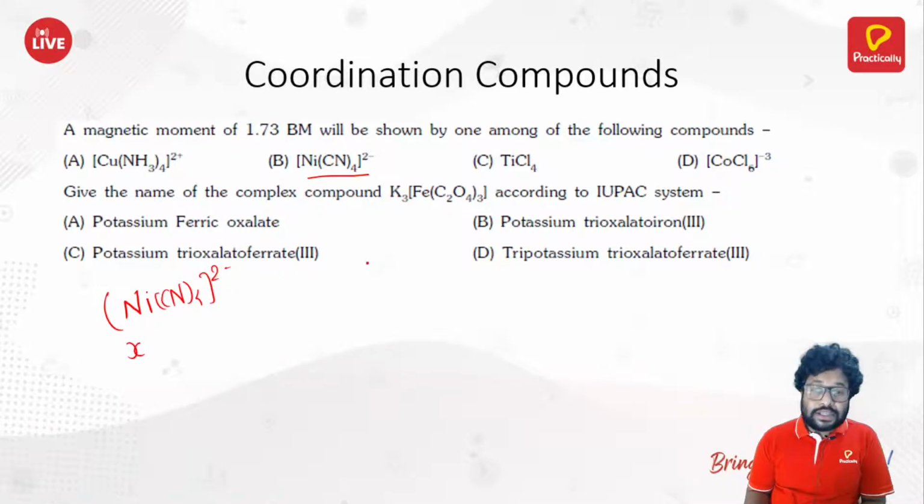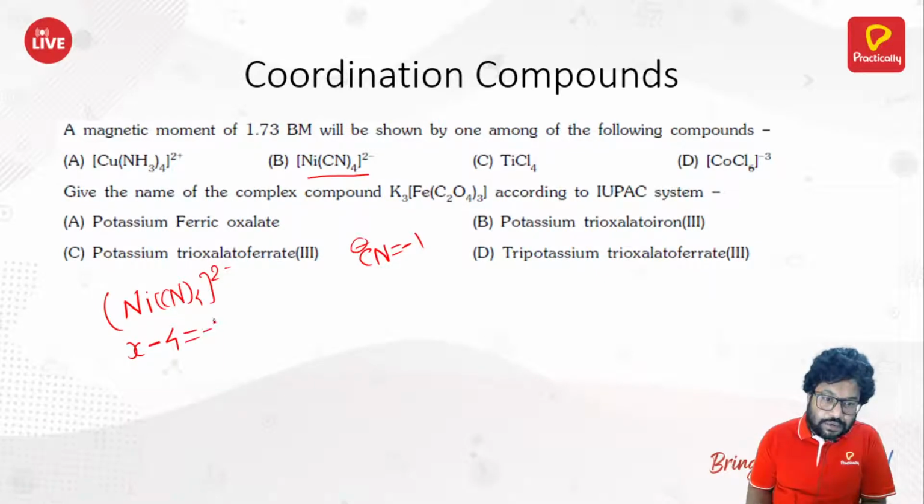Cyanide, what is the charge on cyanide? The charge on every cyanide is minus 1, right? So there are 4 cyanides. So x minus 4 is equal to minus 2. x is equal to minus 2 plus 4, 4 minus 2, it becomes x equal to plus 2.